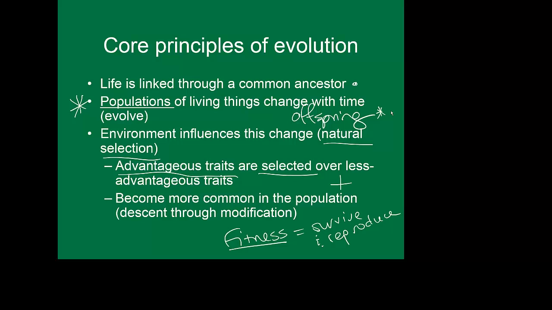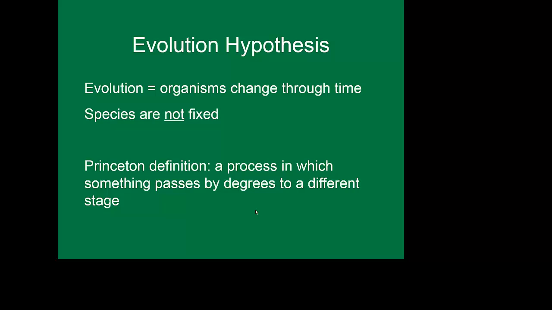So when we look at traits in populations, we'll also look at traits that become more common in a population, something that's referred to as descent through modification. And so what we look at is how traits change within populations, how they become more or less prevalent in populations, and we'll think about how this affects us long term, not only the human population, but many animal populations and others as well.